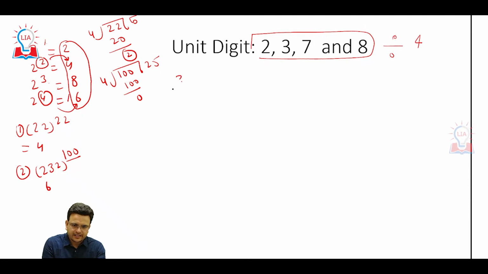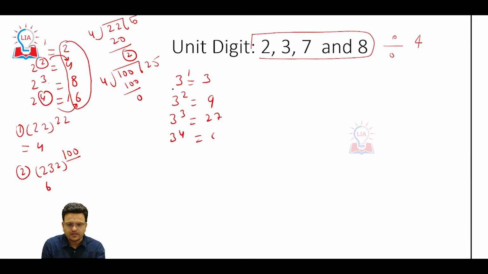Try to understand the second type. 3 ones are 3, 3 to the power 2 is 9, 3 to the power 3 is 27, 3 to the power 4 is 81. So now we have the numbers only 3, 9, 7, 1.